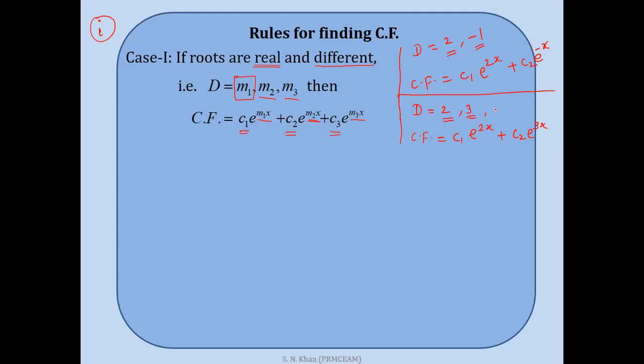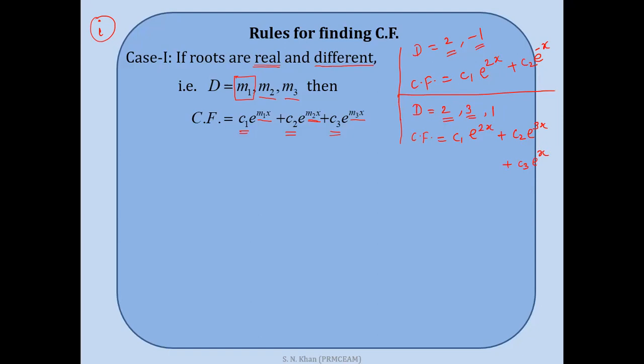If suppose we are having a third root also, suppose the third root here is 1, then for that we also have to add a third term, it will be C3 into e to the power 1x, or e to the power x. So this is the way of writing CF, and it is the first case, case number 1.